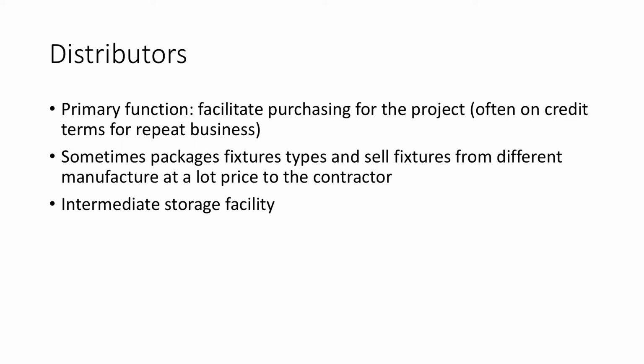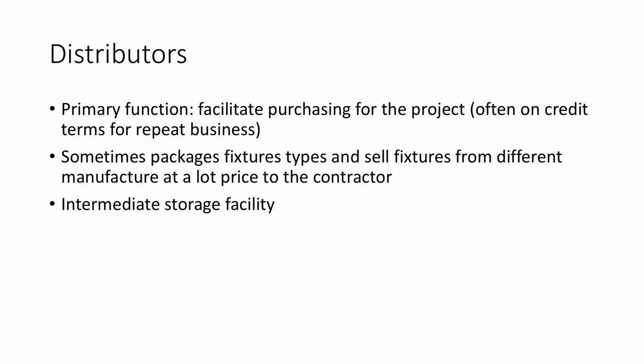So what distributors do is they can package fixture types. So for example, if a job has Philips fixtures, it has GVA fixtures, it has Hubbell fixtures, oftentimes what they do is they buy fixtures from everybody and they sell it as a package, lot price, to the contractor. So the contractor oftentimes doesn't know how much the GVA fixtures cost or the Philips fixtures cost.